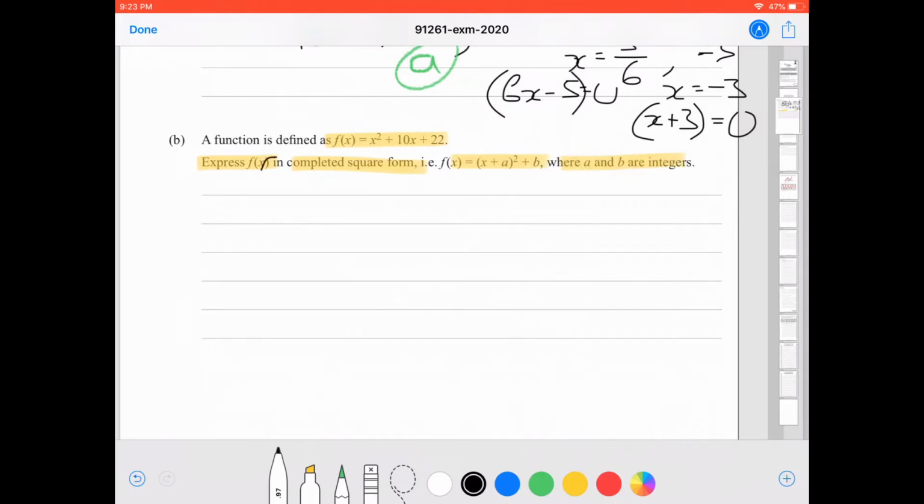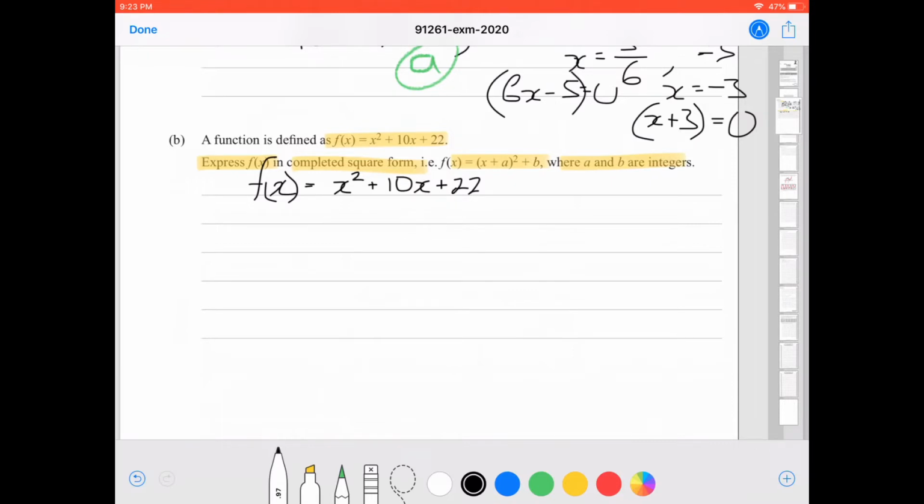So here we are completing the square. This is our function, f of x equals x squared plus 10x plus 22.